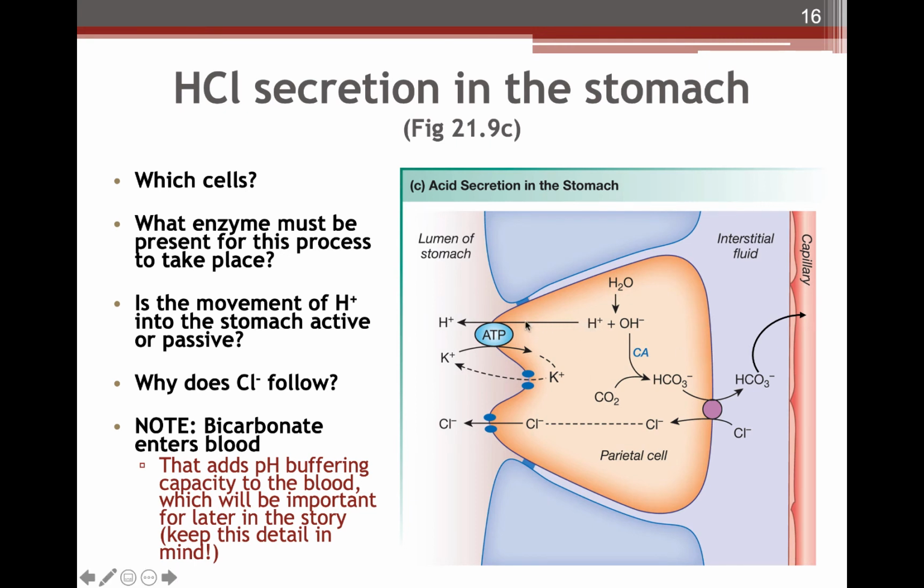And so let's follow them into the lumen of the stomach. They're going to get pumped through these carrier proteins right here. And because you see an ATP, you should think, oh, that's a carrier protein doing primary active transport using ATP as its energy source because it's pumping hydrogen ions against their concentration gradient, and also potassium is going against its concentration gradient, that we've learned about throughout the entire course.